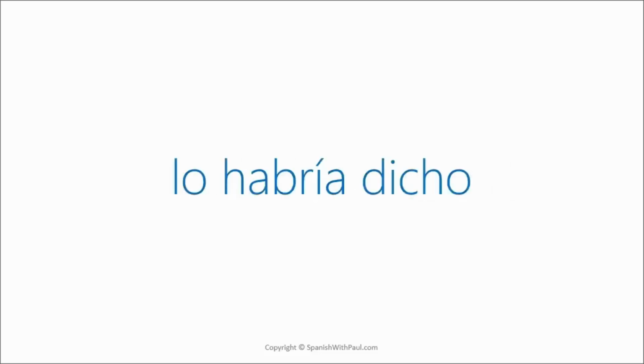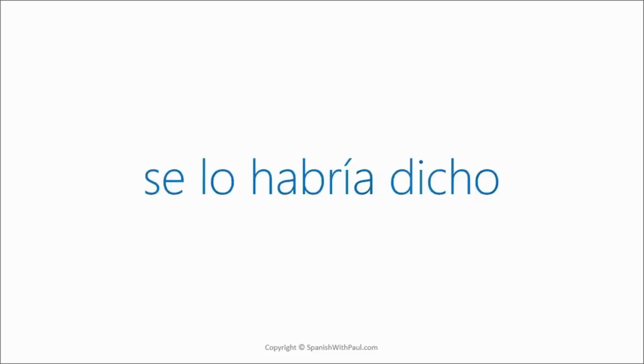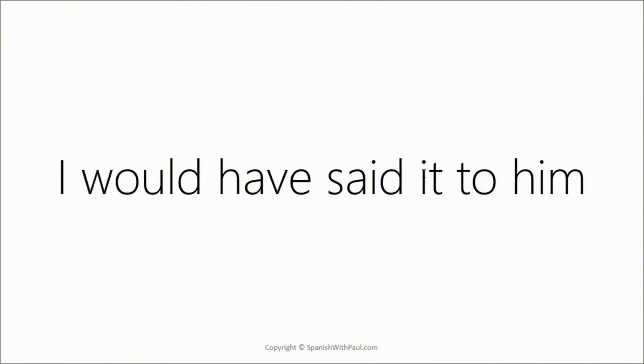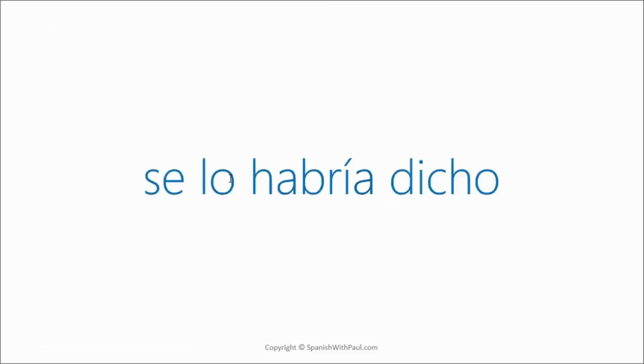Lo habría dicho. What about I would have said it to him? Se lo habría dicho. Here we have the it to him. Remember, it could be it to him, it to me, it to them, it to us. And so the it to him is se lo.